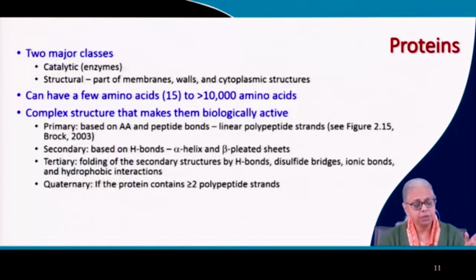One more point to remember, the secondary structures are based on hydrogen bonds, and the tertiary structures are based on a combination of covalent bonds, hydrogen bonds, disulfide bridges, ionic bonds, hydrophobic interactions. All these things are part of the tertiary structure. And then I think the quaternary structures are again just folding of the polypeptide strands.